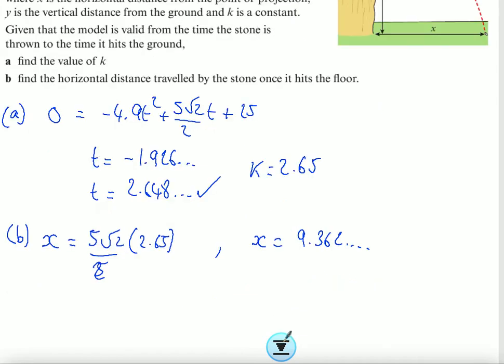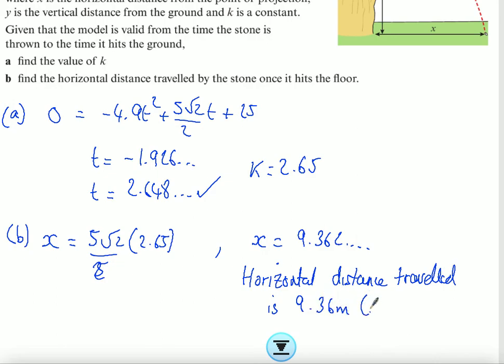So therefore we should probably write a sentence here. So the horizontal distance travelled is 9.36 meters to 3 significant figures.